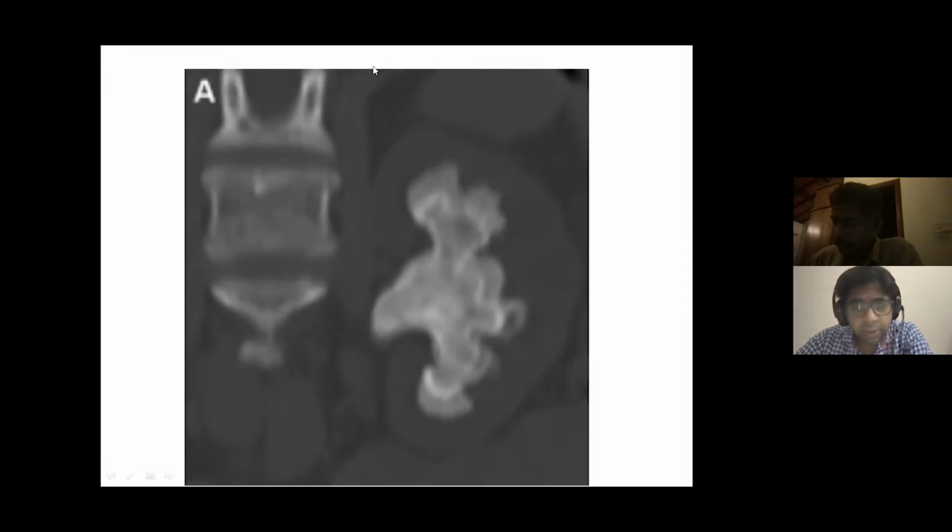The stone is a struvite stone, most of the time due to urease-producing organisms like Klebsiella and Proteus. What are the special considerations for the management of this patient? First, I want to go through the history and examination, and then find out the patient's renal functions, especially because this is a single side.